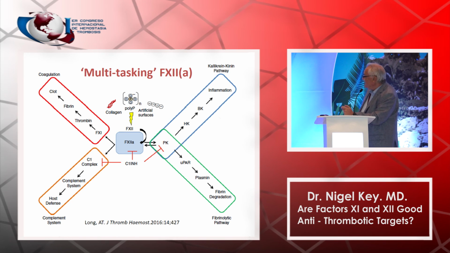12A has to really think about whether it's going to get involved in coagulation, if I can make it a thinking molecule, or whether it has effects that are being described in the complement system, whether it gets involved, as in hereditary angioedema, in the kallikrein pathway leading to vascular inflammation and angioedema, or whether factor 12A can actually have a pro-fibrinolytic effect in modulating fibrinolysis.